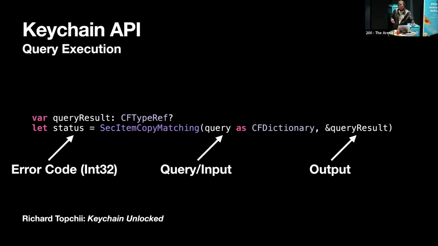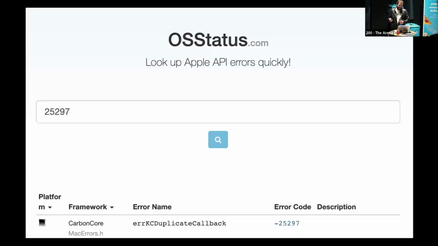Then you check the output for whether there is something, and you check the status for whether the operation has been successful. The status is not like an error value, of course, it's a number. There's an OS status website where you can look up what the actual error code means.